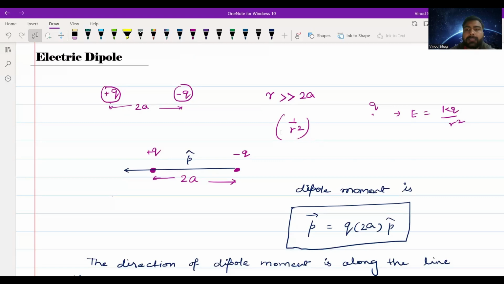The second case is a point in the इक्वेटोरियल प्लेन, यानी कि if we assume any 2D plane where this dipole moment is placed, then if we take a point in that plane, तो उस पॉइंट पे कितना इलेक्ट्रिक फील्ड होगा, that we are going to find out.